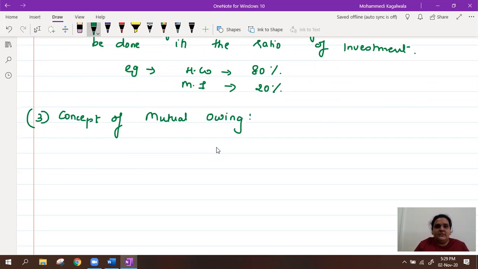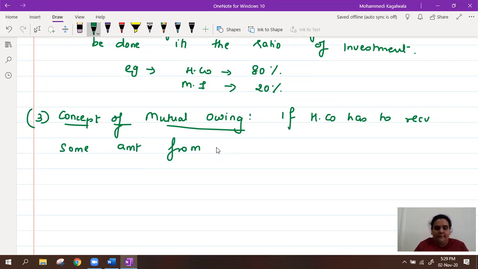Okay, now what is this concept of mutual owing? If it is there, then what do we do when we prepare the consolidated balance sheet? Say the holding company has to receive some amount from the subsidiary company, or it is vice versa.